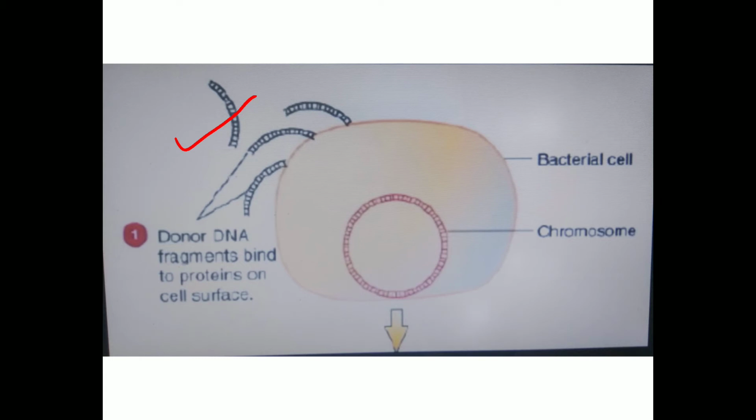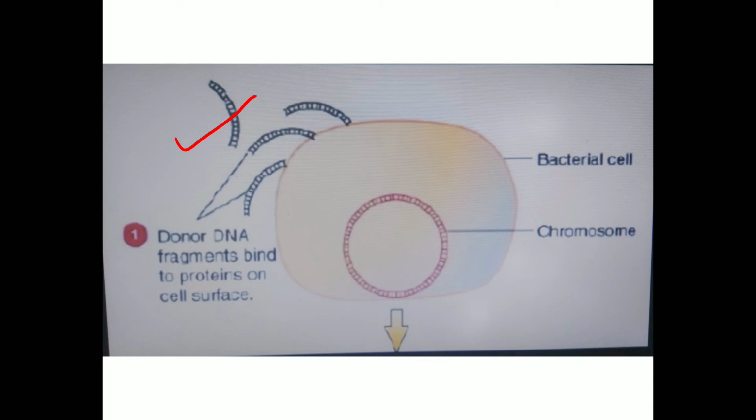The cell wall of bacteria is made up of lipids, polysaccharides and proteins. That donor DNA fragment, or double stranded DNA, binds tightly to the proteins present on the cell surface.